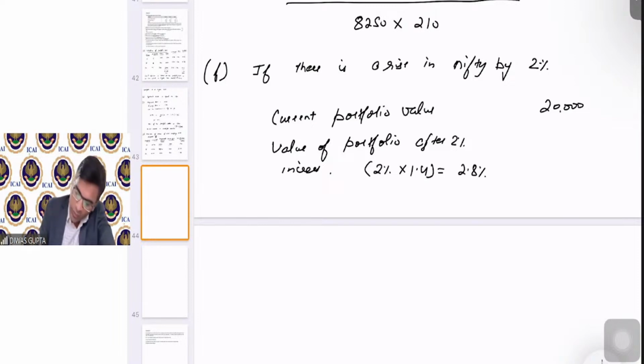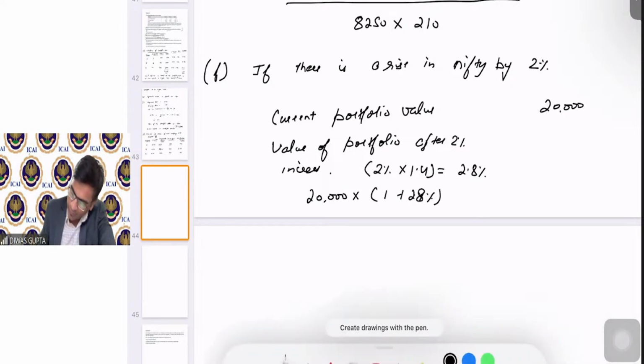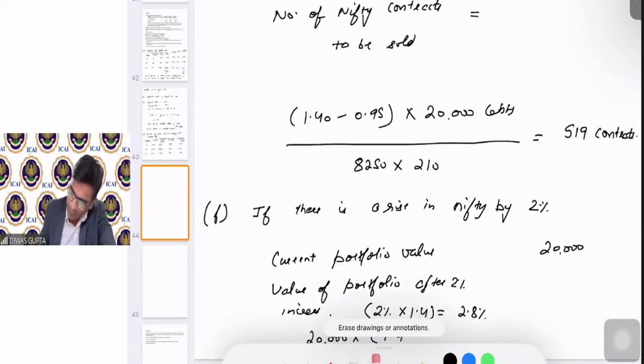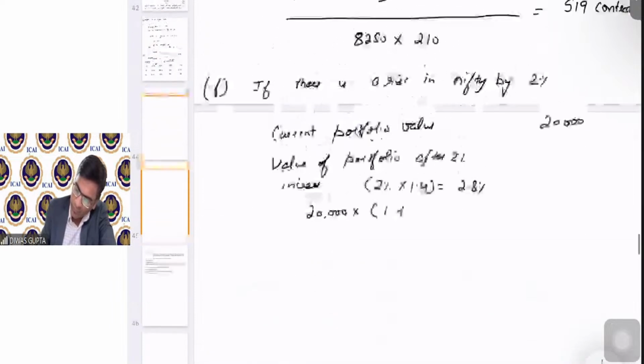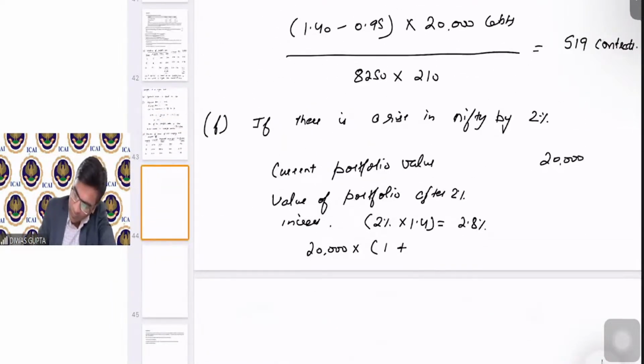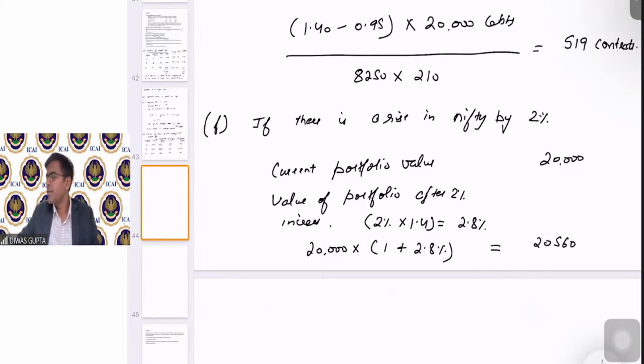Correct? So, 20,000 into 1 plus 2.8%. This gives us 20,560. I hope, students, this is clear.